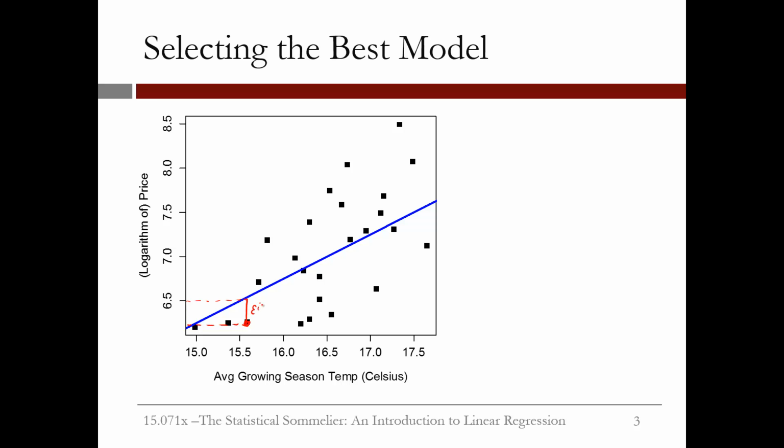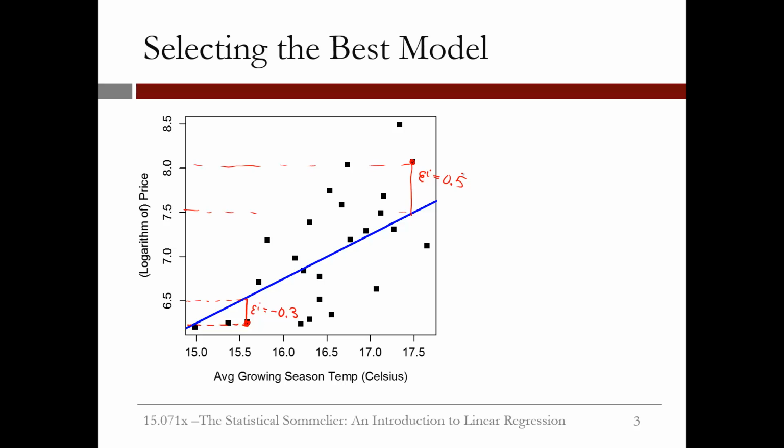So the error for this data point is negative 0.3, which is the actual value minus our prediction. As another example, for this point, the actual value is about 8. Using our regression model, we predict about 7.5. So the error for this data point is about 0.5. Again, the actual value minus our prediction.